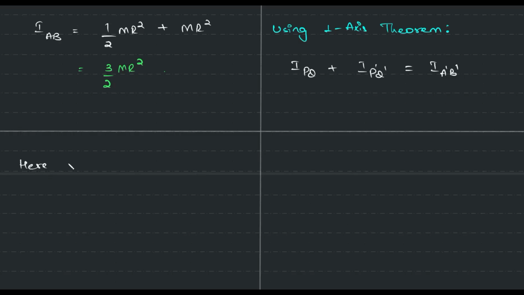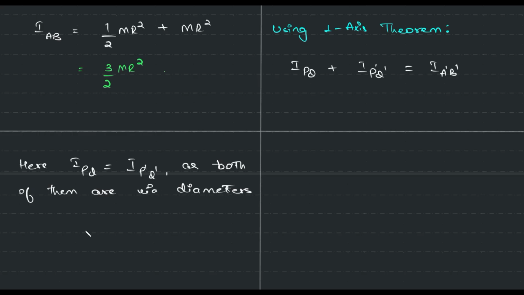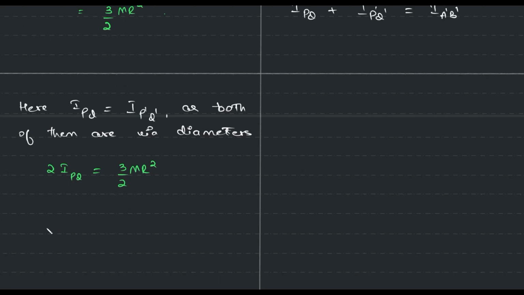Here I PQ will be same as I P dash Q dash, as both of them are via diameters, and therefore we have 2 times of PQ is equal to, we already know this would be 3 by 2 mr square. And so a bit of rearrangement, and we have 3 by 4 mr square.